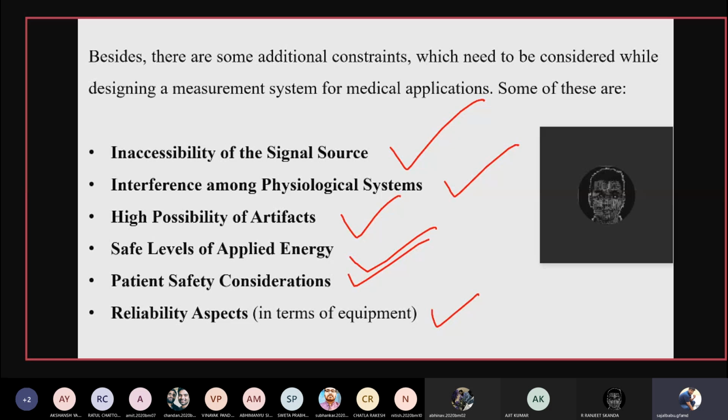Another constraint is interference between different physiological systems, then the high possibility of artifacts, then the safe level of applied energies, and then patient safety and reliability. All these are the design constraints in a biomedical instrumentation system.